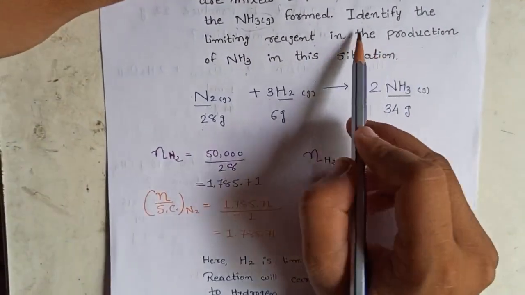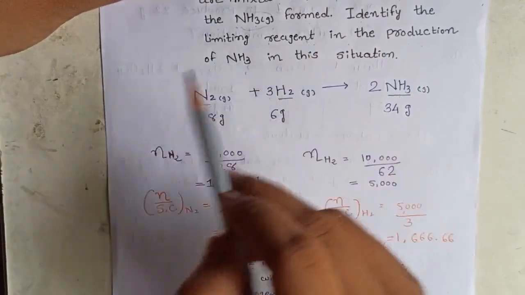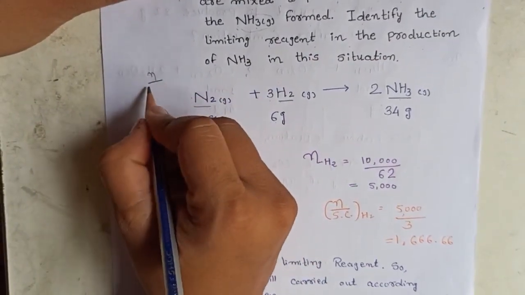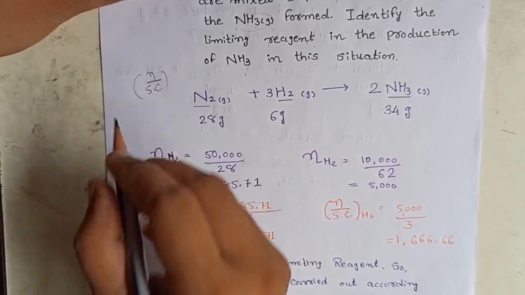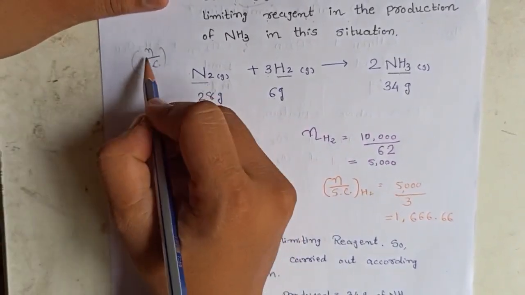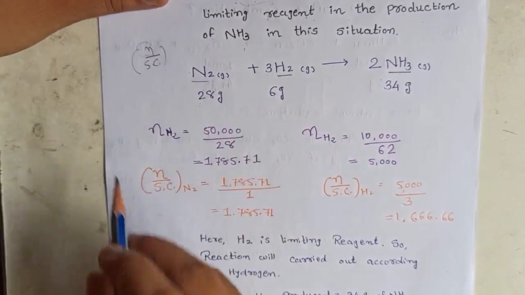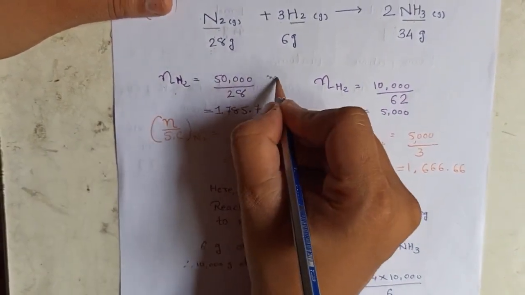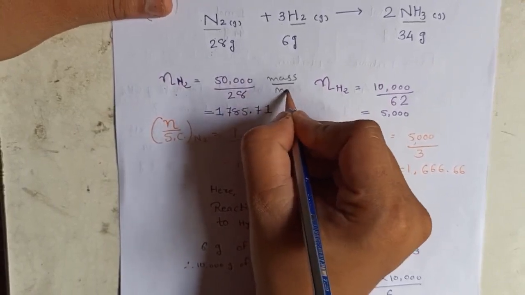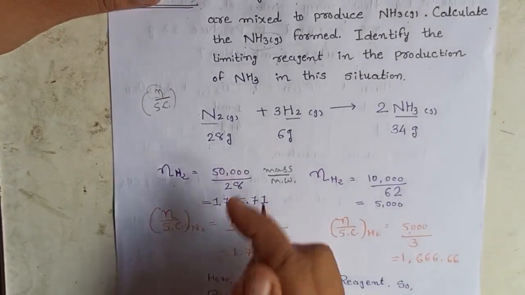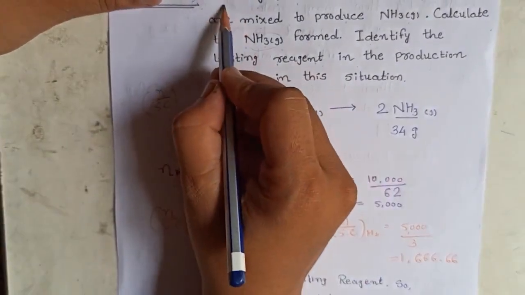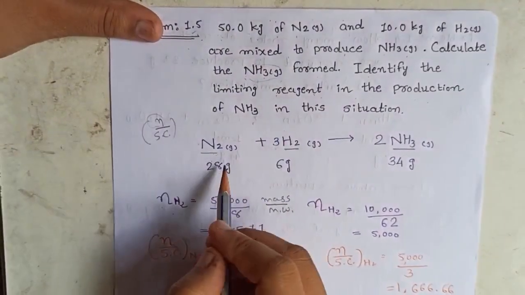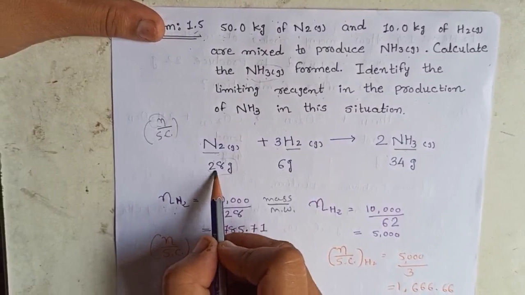First of all, we have to find out the limiting reagent, and to find the limiting reagent, we need the ratio of moles by stoichiometric coefficient, alright? For that, first of all, we have to find out the moles. So, moles of nitrogen will be mass by molar mass, right? Here, mass of nitrogen is given as 50 kg, and in the reaction, we are using 28 gram.